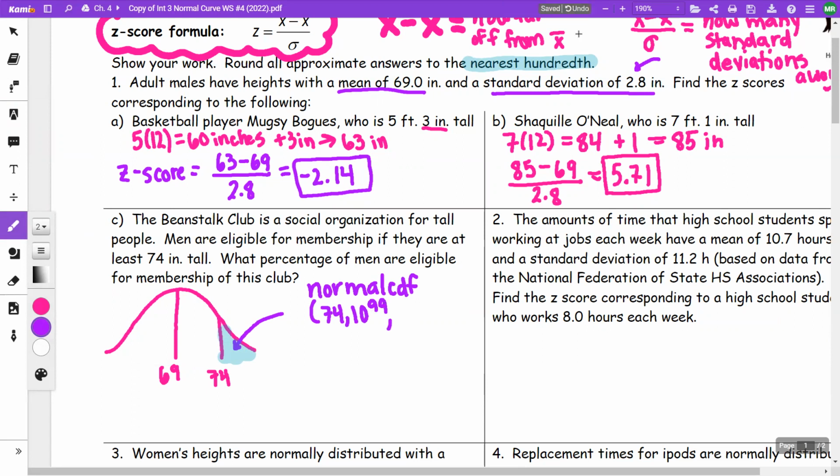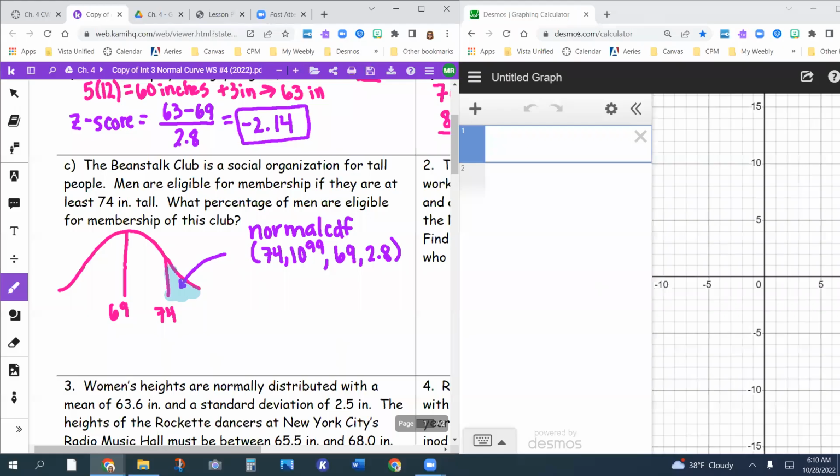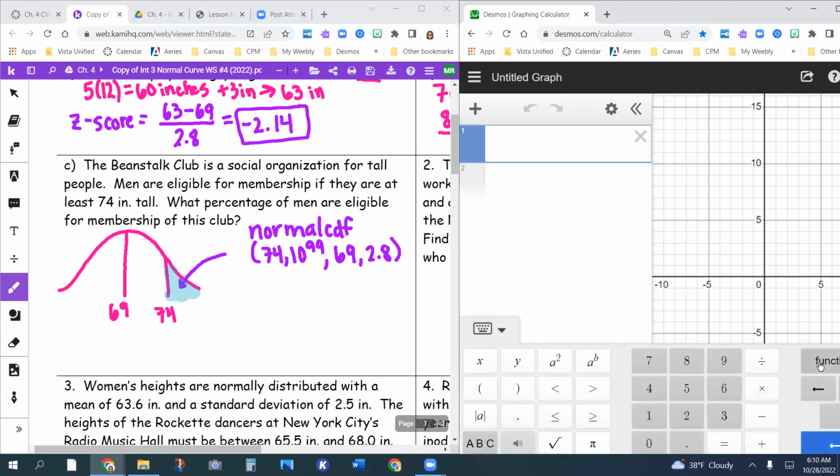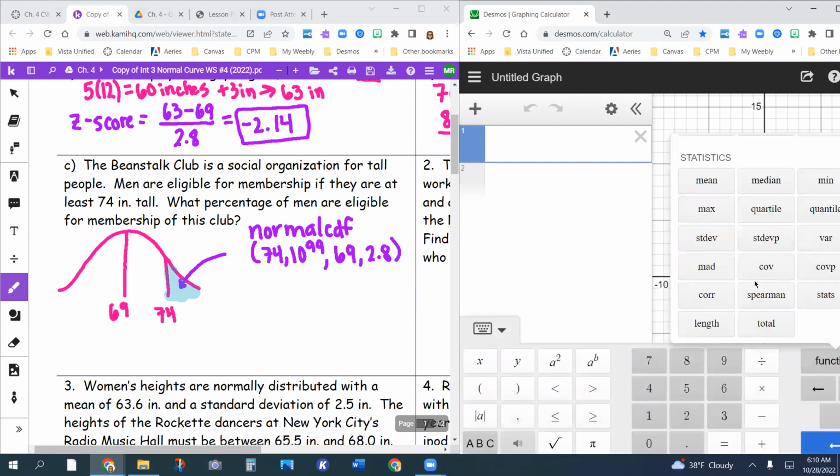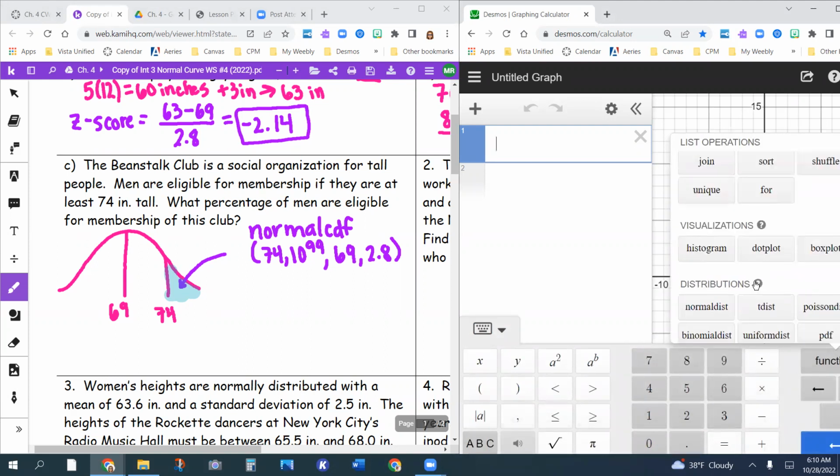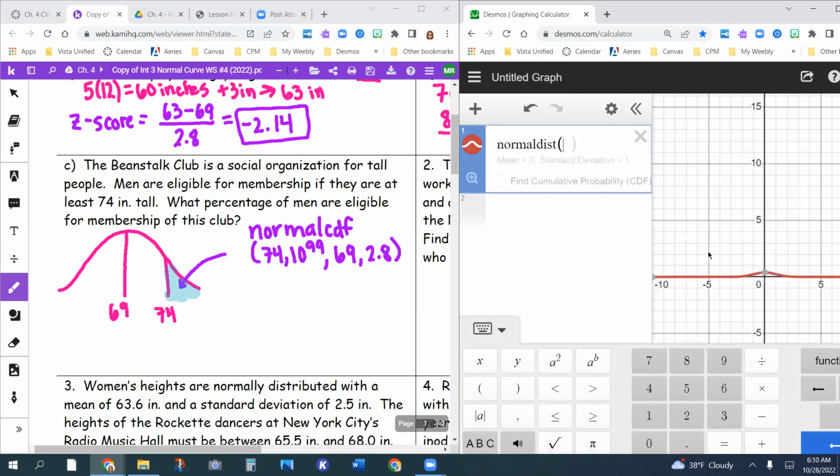My mean was 69 and my standard deviation was 2.8. Okay. So I can just type in normal CDF. I'm just going to find it here under distributions. You guys, you can use the calculators. I'm just doing this to show us.